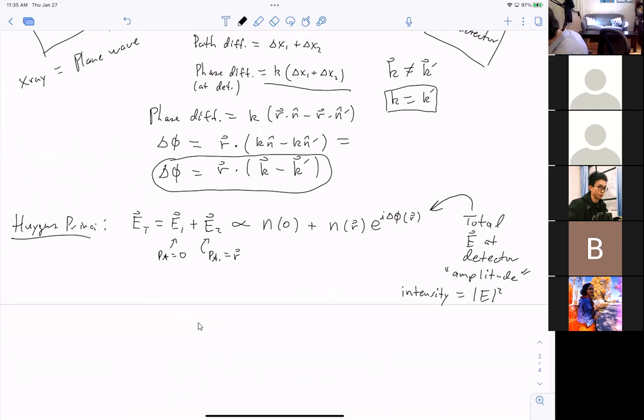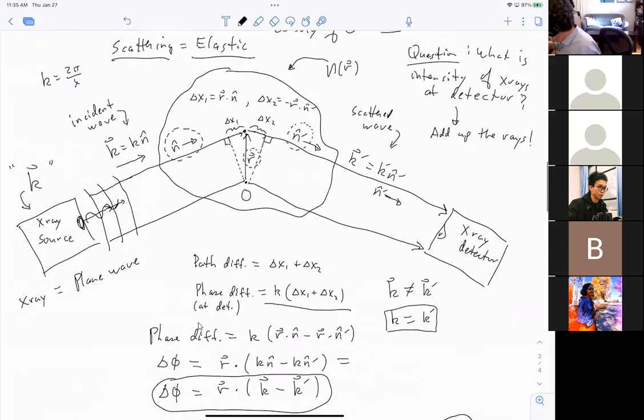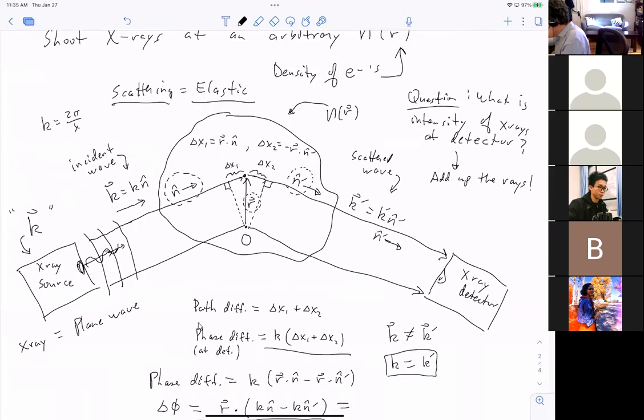But now let's consider all the waves, because the X-rays are a plane wave that's coming in and it's hitting all the electron density at the same time. It's bathing the whole electron density. So every point of the electron density is emitting.